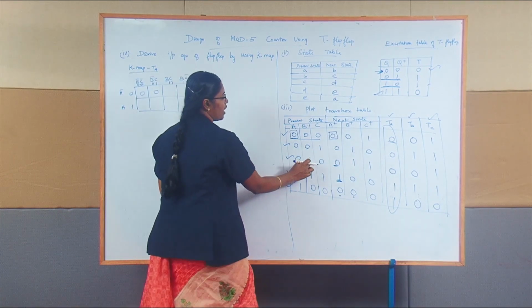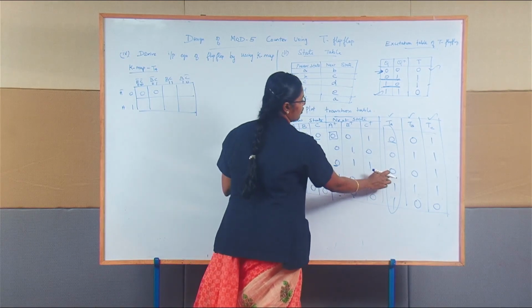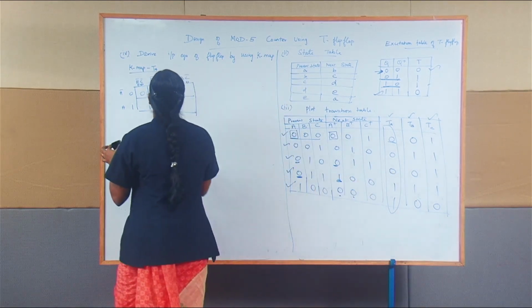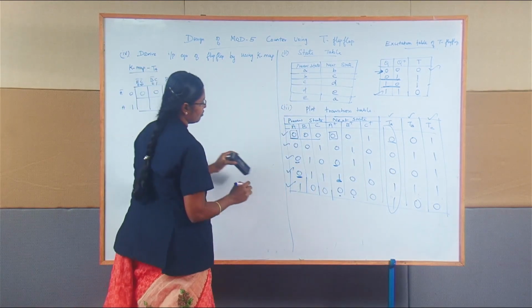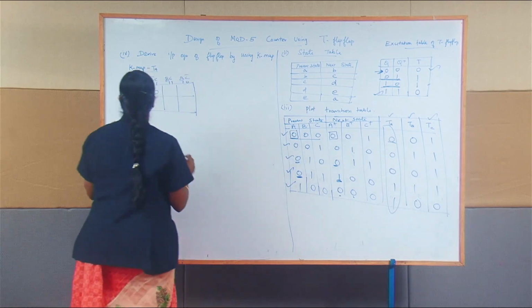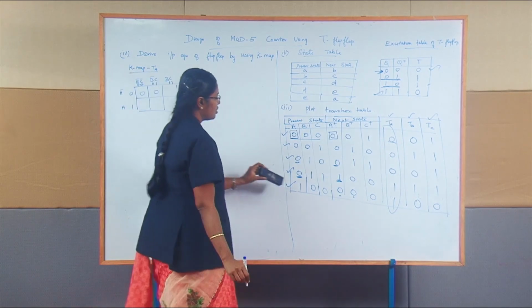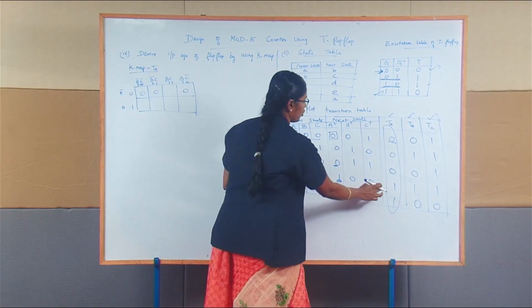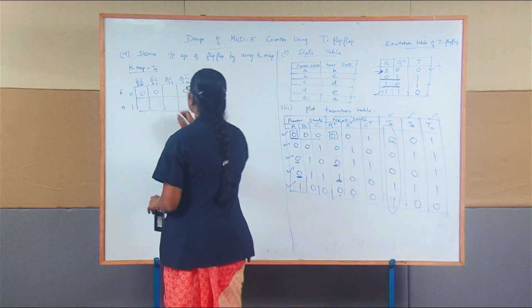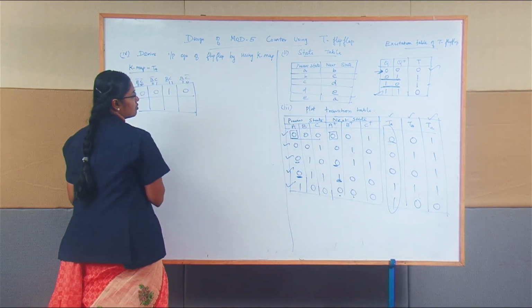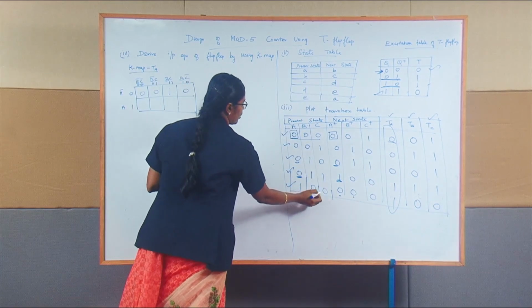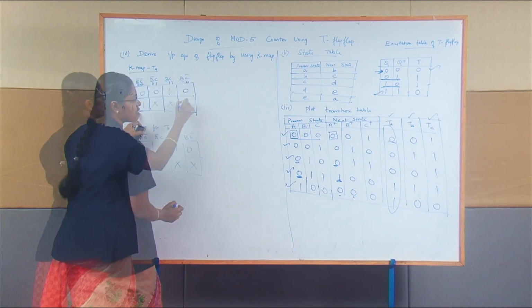Next is 0, 1, 0, the value is 0. For 0, 1, 1, the fourth column, the value is 1. Then 1, 0, 0, the value is don't care.